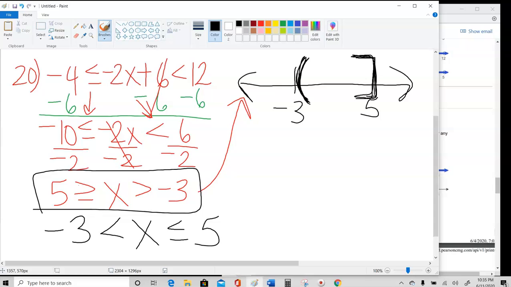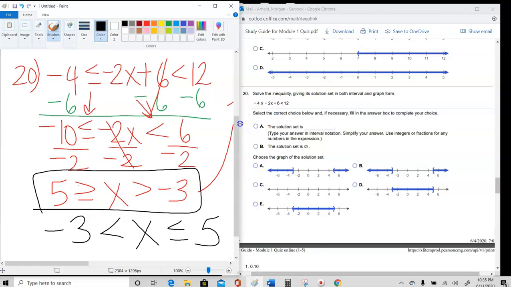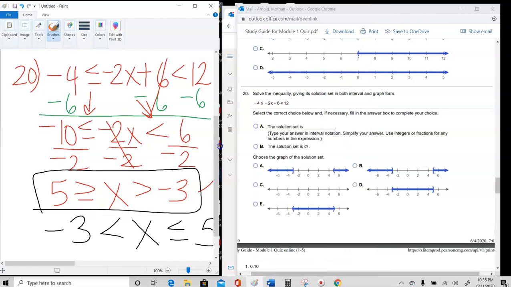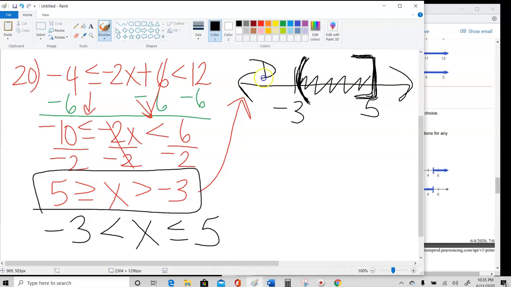And because x is in between our two numbers, that's where the solution goes. So that's where we shade everything in between negative 3 and 5. So the correct graph is actually, it looks like D again. Yeah, D is the correct graph.